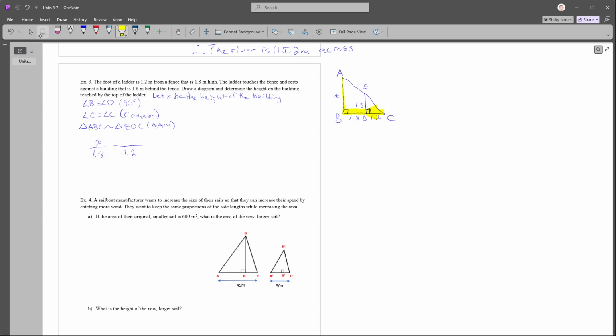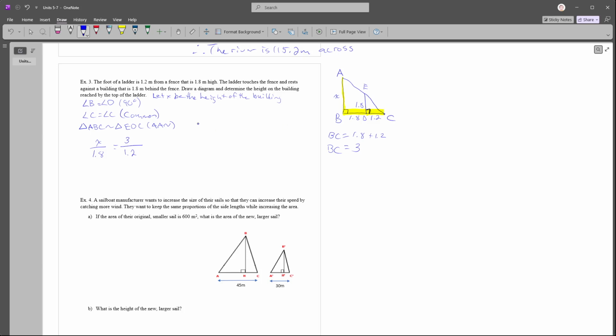So it is 1.8 plus 1.2. So BC is equal to that whole thing, which is equal to, of course, just 3. So that means we can put 3 over top of our 1.2. So the entire bottom of the big triangle over top of the bottom of the small triangle.